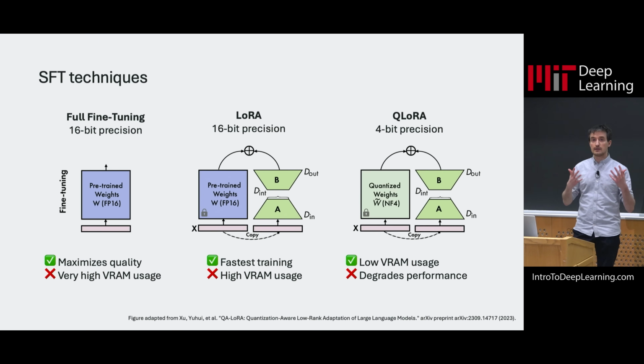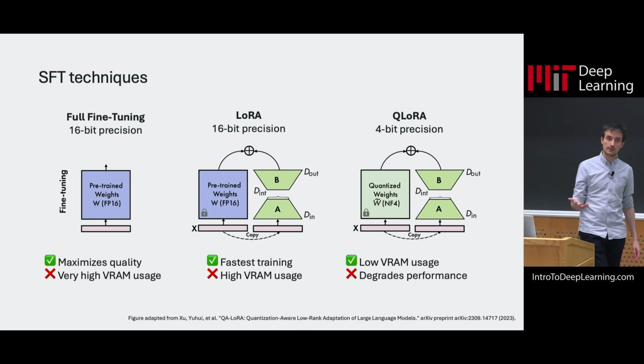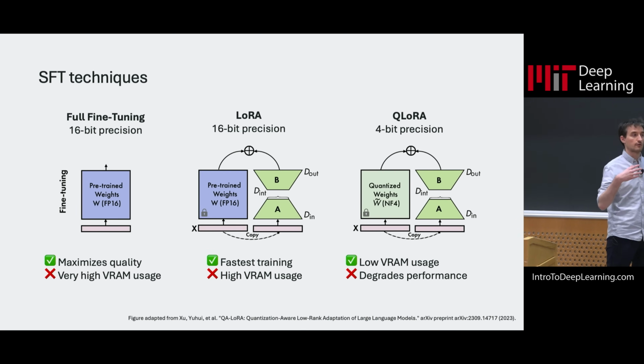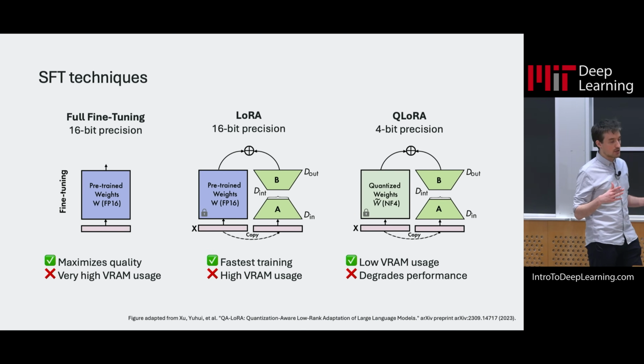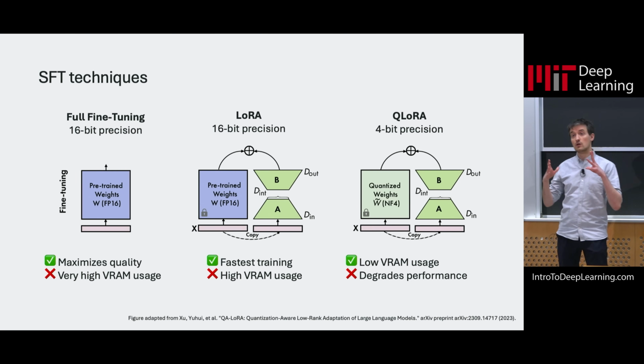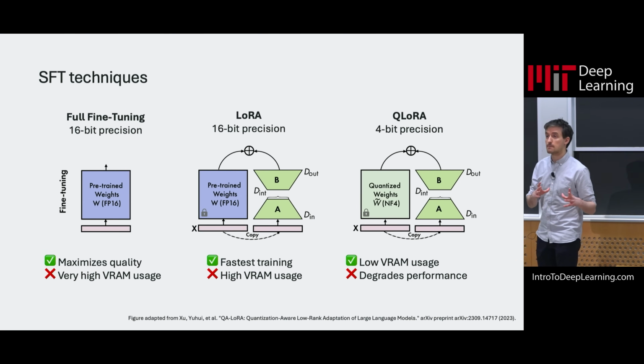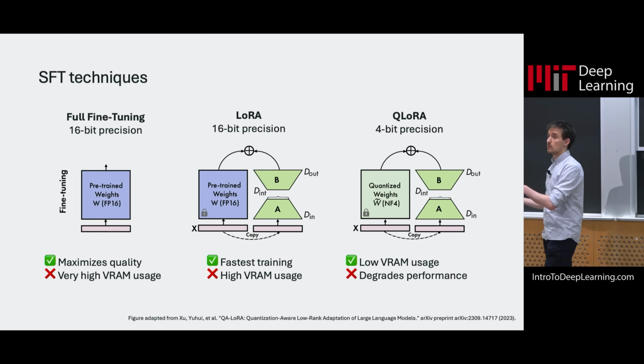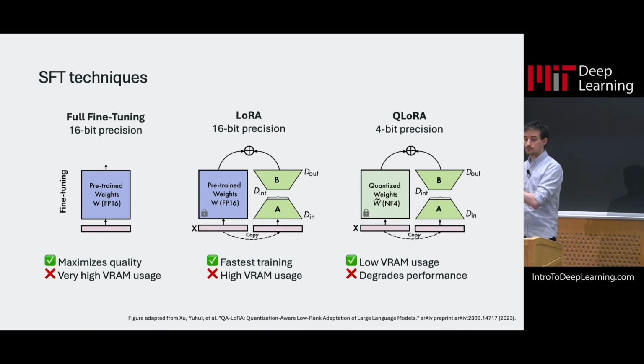What's really nice about it is instead of retraining 100% of the parameters, you only train something like 0.5% of the entirety of it. So it's a lot faster, and it's a lot less costly in terms of VRAM and in terms of hardware in general. The only issue is that you still need to load the entire model in memory. And if it's a big model, it's going to be very, very costly.